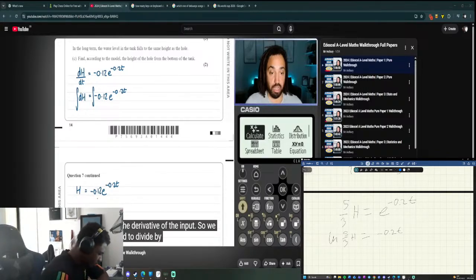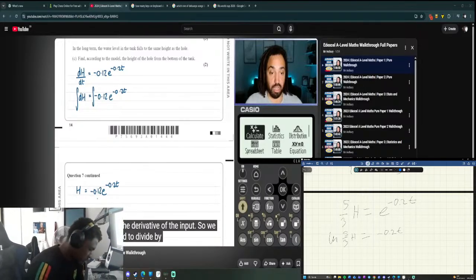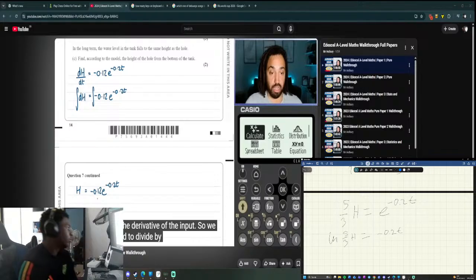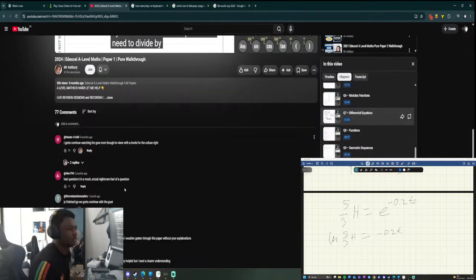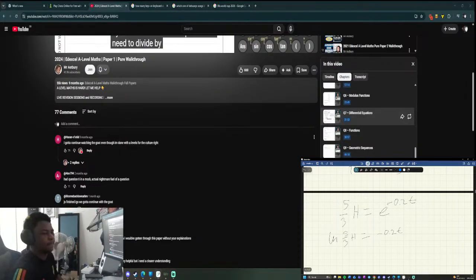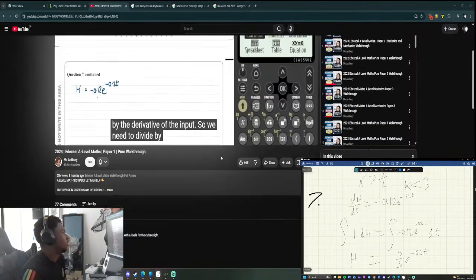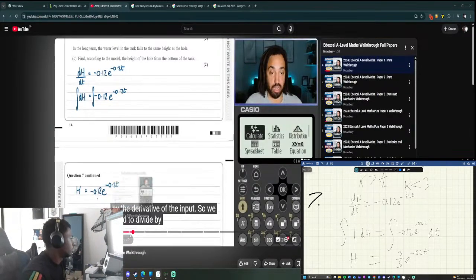5 over 3h equals minus 0.2 t. What's this supposed to look like? What should it look like? Why is this tweaking?